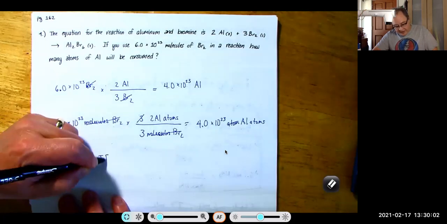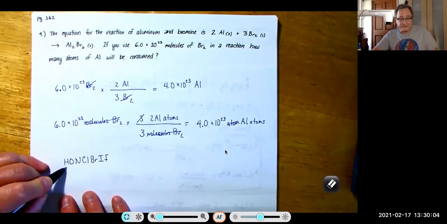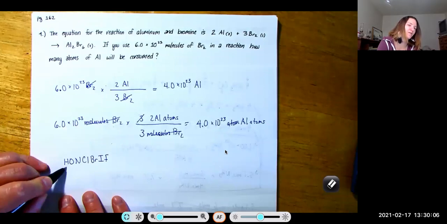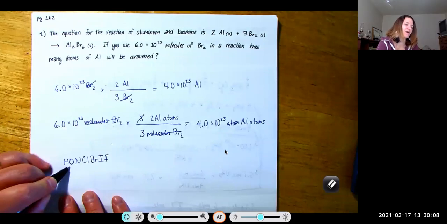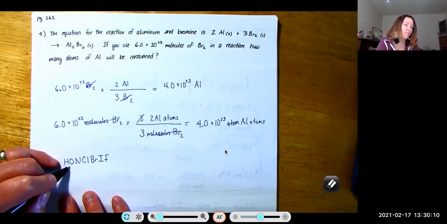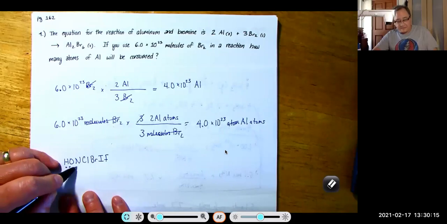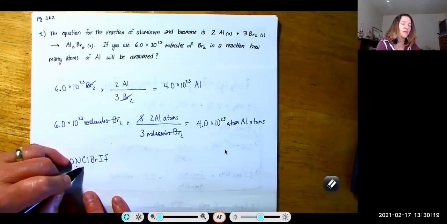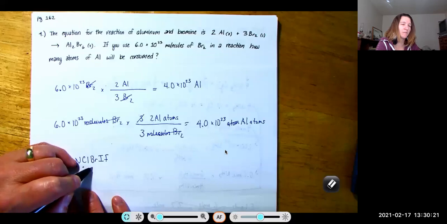So what does H stand for? Hydrogen. O. Oxygen. Yep. N. Nitrogen. Cl. Chlorine. Yep. Br. Bromine. Yes.